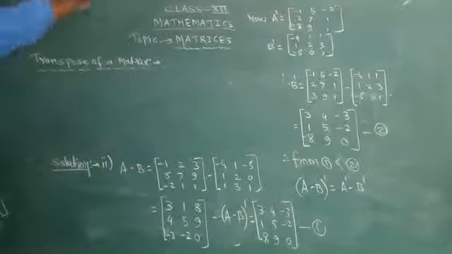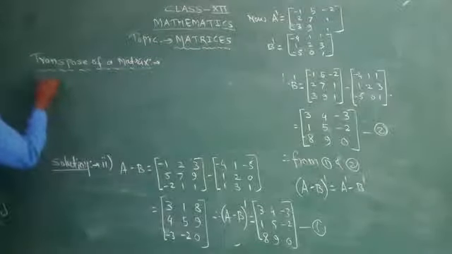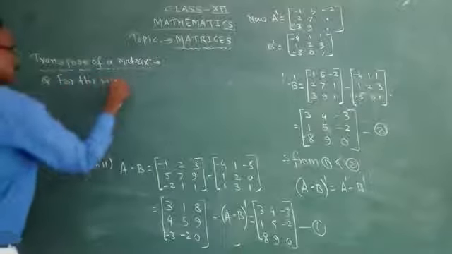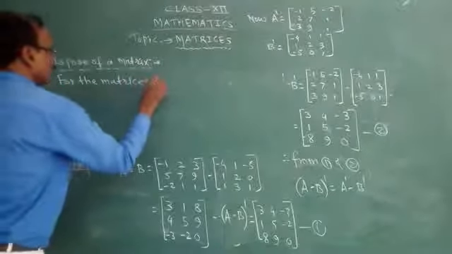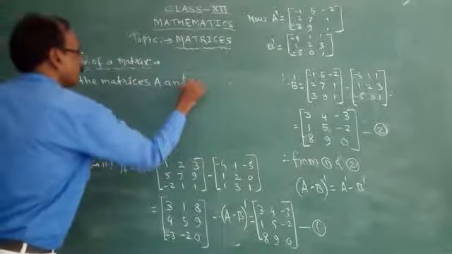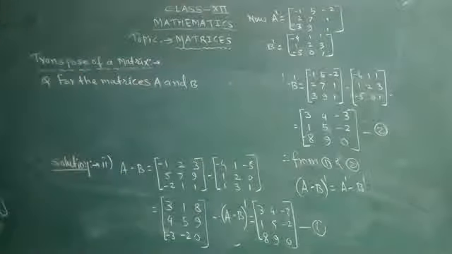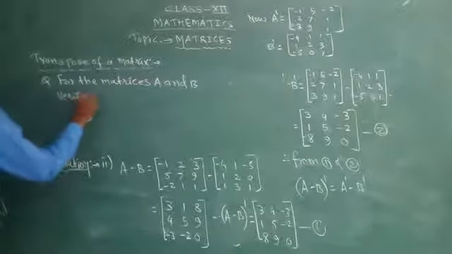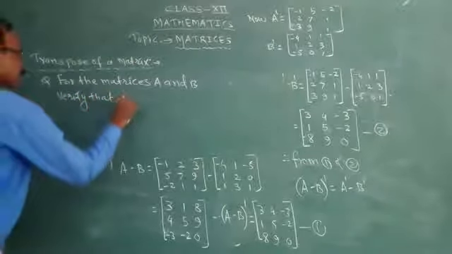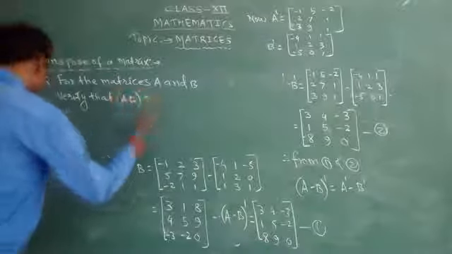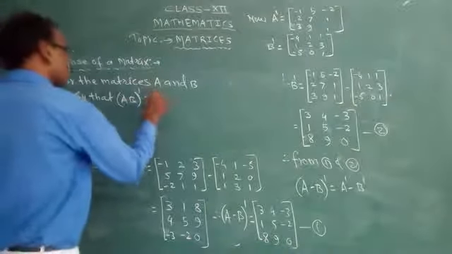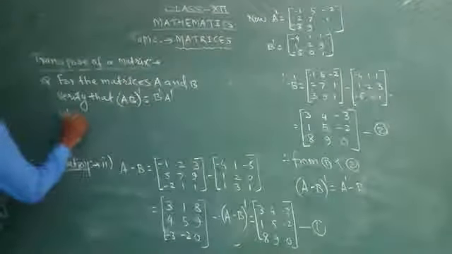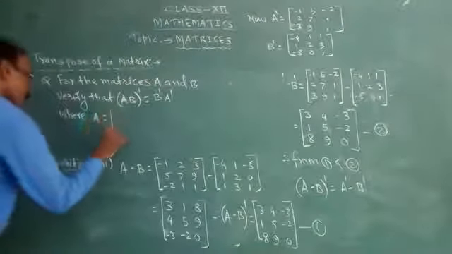Take the next question. For the matrices A and B, verify that (AB) transpose equals B transpose into A transpose. Where A, you take any one matrix.